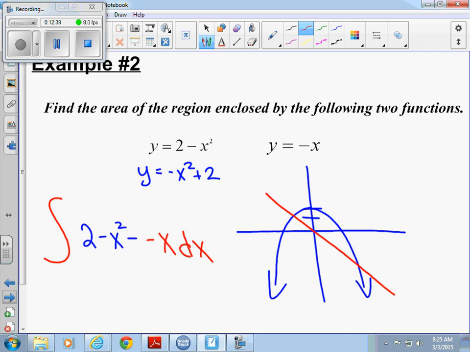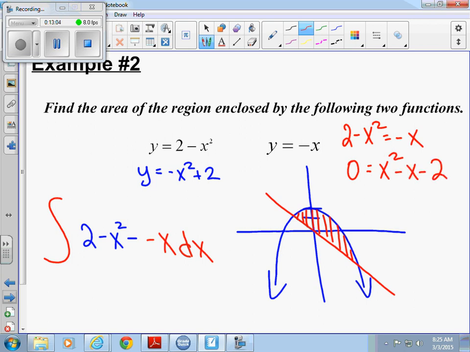What else do I need to know to be able to finish this? The intersections. Remember, I'm trying to find the area enclosed. So I'm looking for that area right there. So I'm going to set 2 minus x squared equal to negative x. Get 0 on one side.